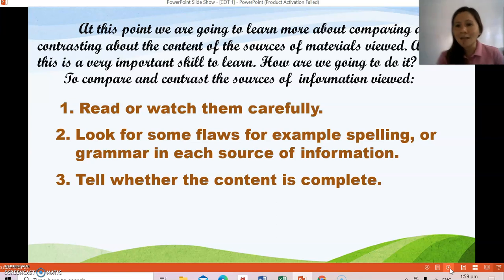Take note that an announcement must answer the 5 W's or WH questions such as the what, where, when, why, and how. You can say that the information given is complete if they answer the WH questions completely, and you can say that it is not complete if one of the questions is not being answered.